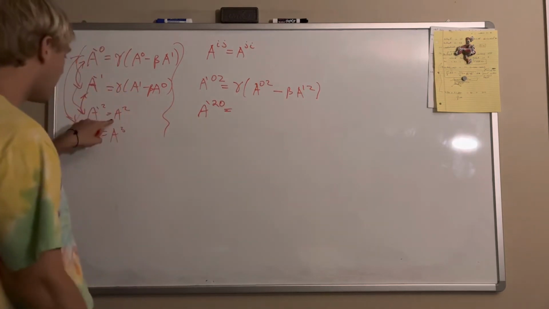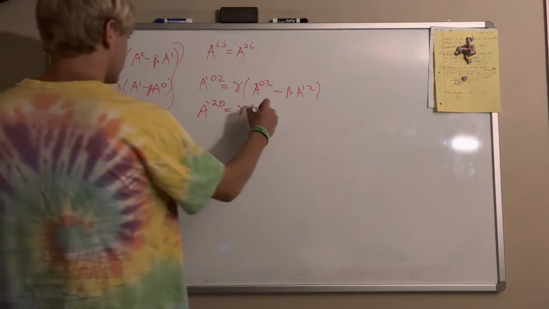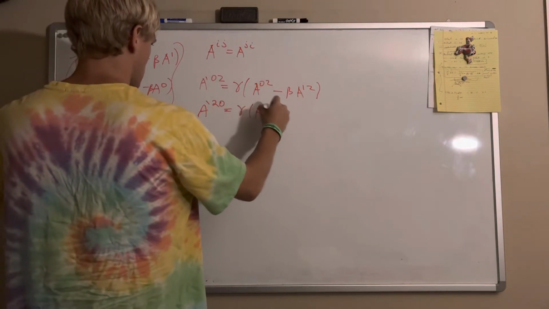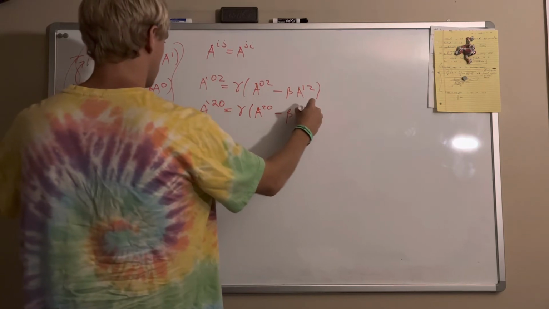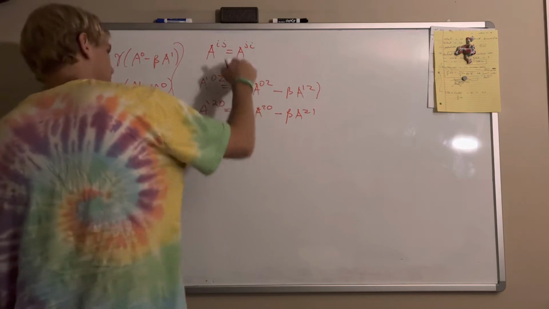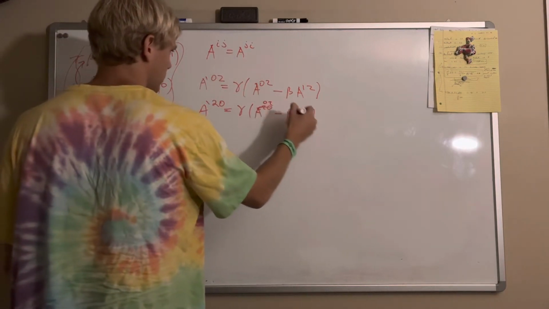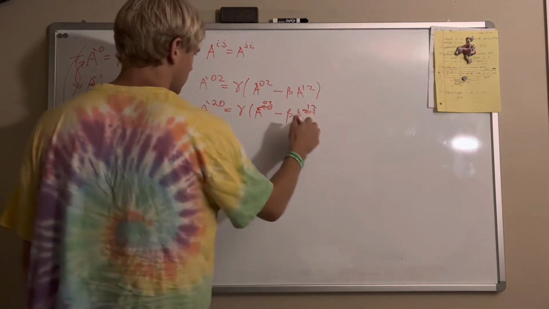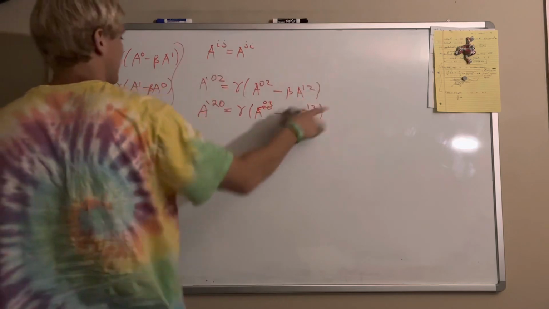So this one times this one. 2, 0 minus beta 2, 1. Since this is symmetric, the indices are the same as 0, 2, 1, 2, and they are the same, as you can see.